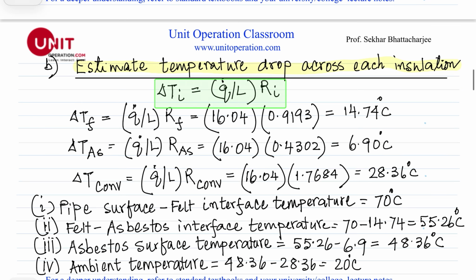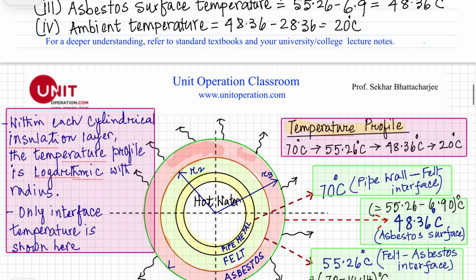Also, just for the sake of interest, how can you find out the temperature drop across each insulation? As you can see, this is my 70 degrees Celsius here, and this is my 20 degrees Celsius. What is the temperature drop across the felt insulation?